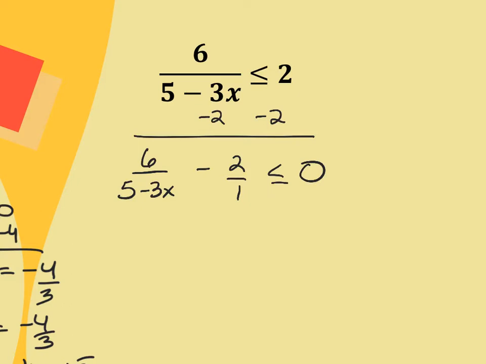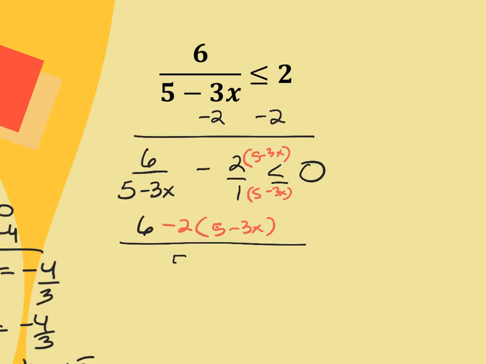My common denominator is going to be the 5 minus 3x. So 6. And then what I can do is this needs the 5 minus 3x. So negative 2 times 5 minus 3x. And then I can just write the denominator once.